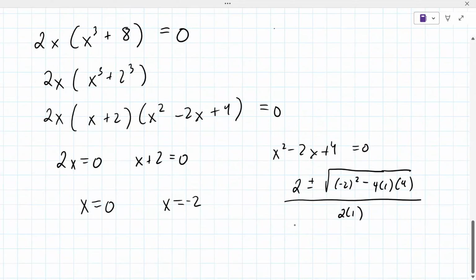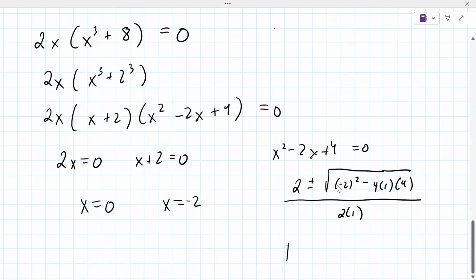How are you doing on this one? Good, almost done. I got x equals 1 plus or minus 8.